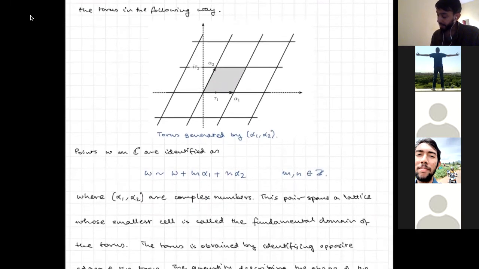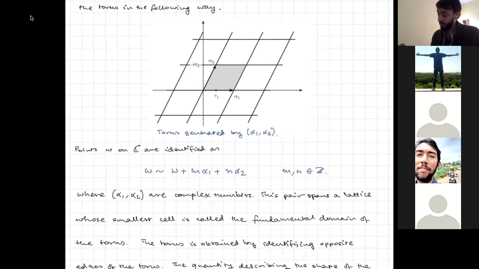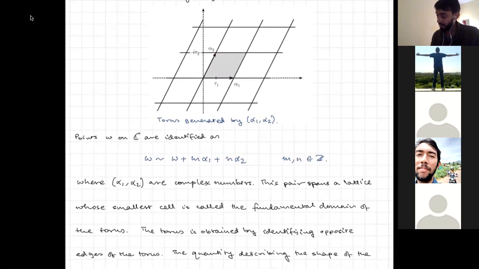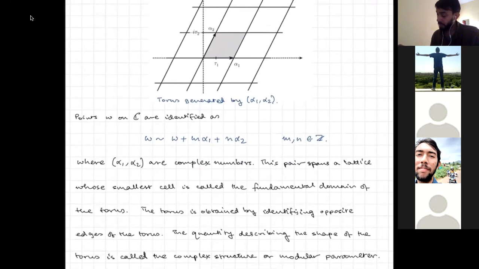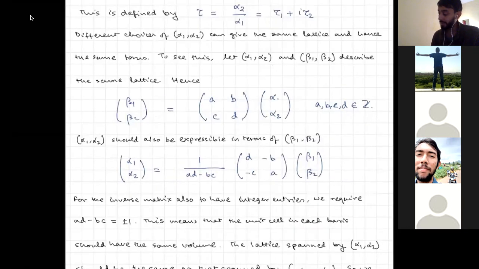Where these alpha 1, alpha 2 are complex numbers that span a lattice, and as I said, the smallest cell is called the fundamental domain. The quantity that describes the shape of this T2 is what is called a modular parameter. We will name it tau, and this is going to be the ratio of alpha 2 over alpha 1.